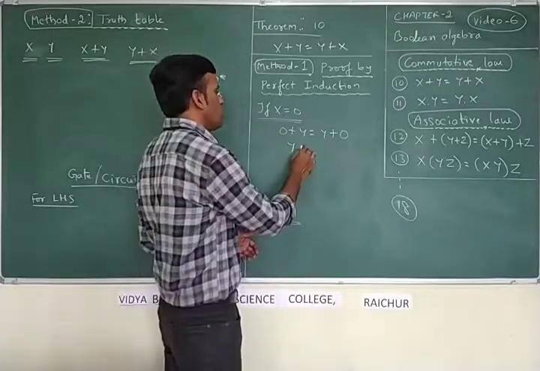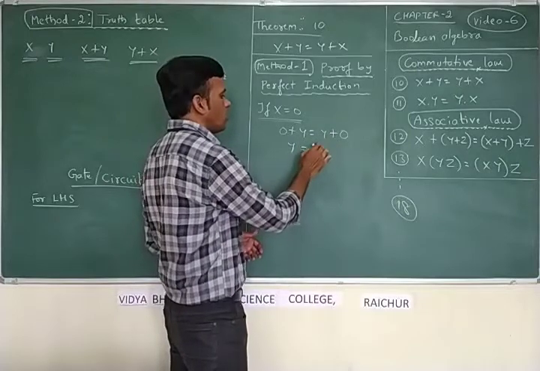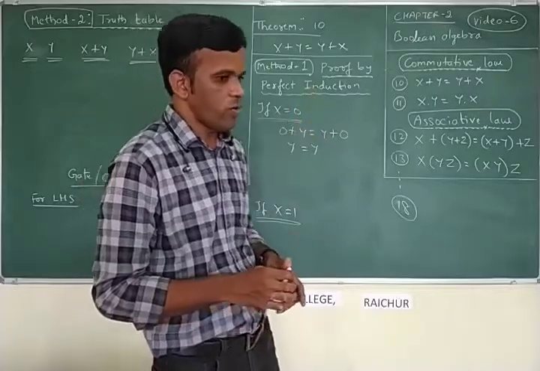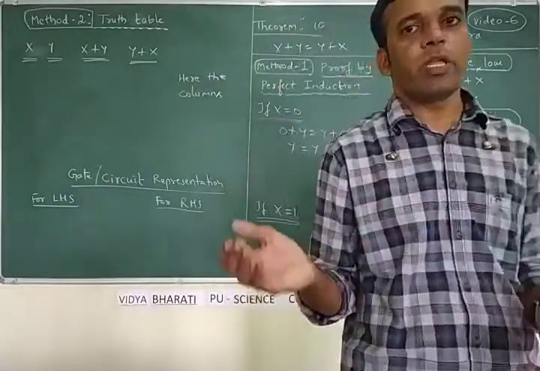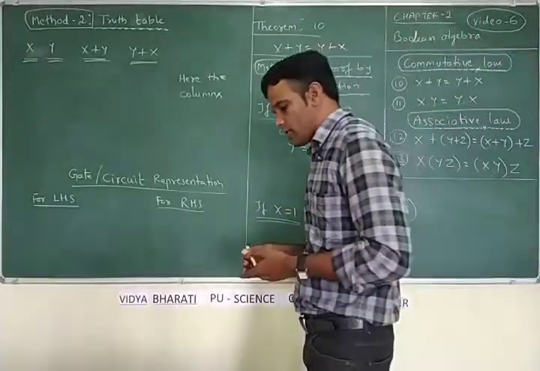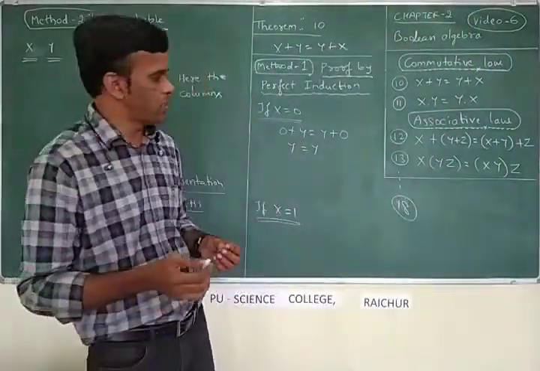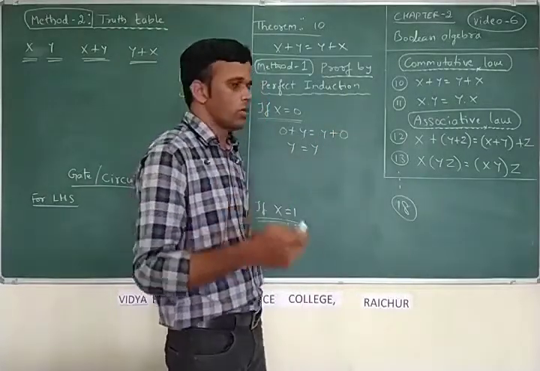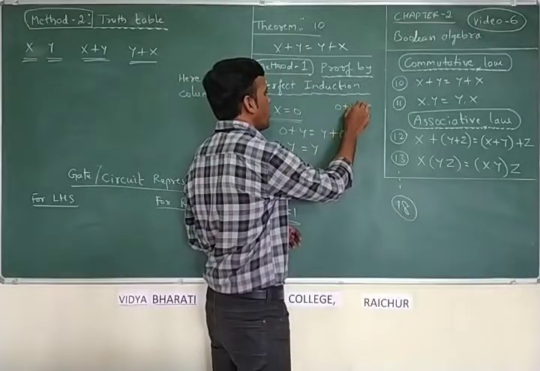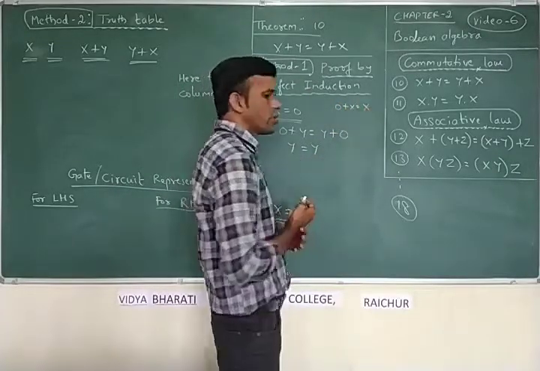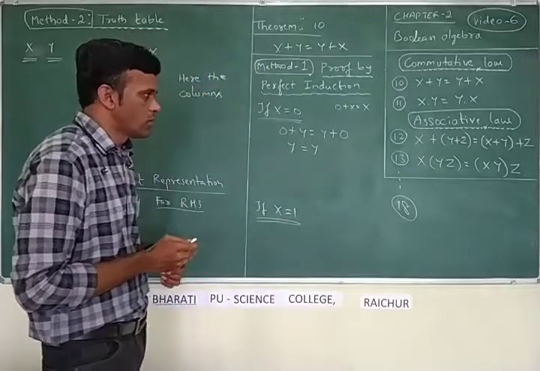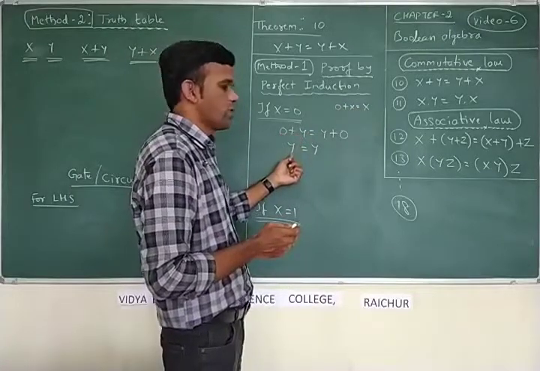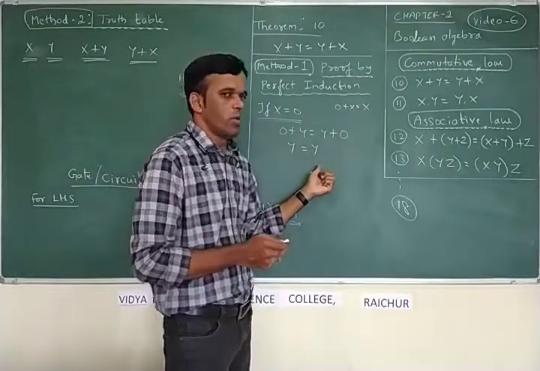That side also y plus 0 is just y. So we are using the result of one of the previous theorems. What is that result? We already know from the properties of 0 that 0 plus x equals x. This one we already proved in the beginning. So we are using that result to say 0 plus y is y and y plus 0 is y.